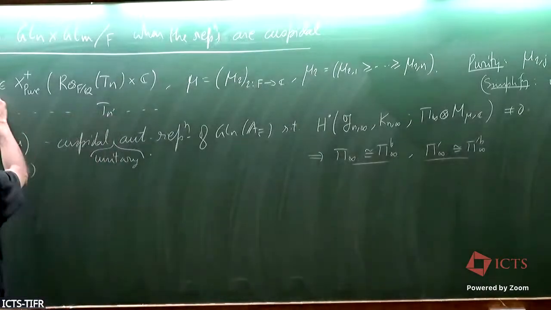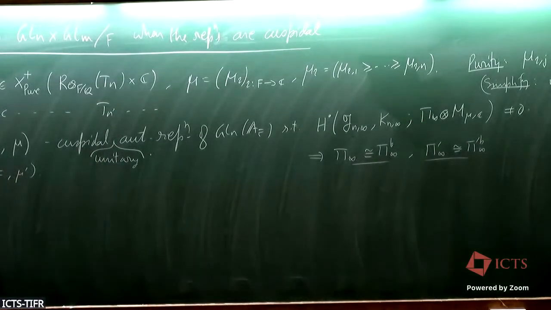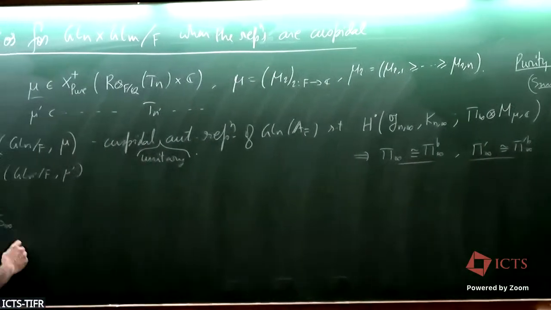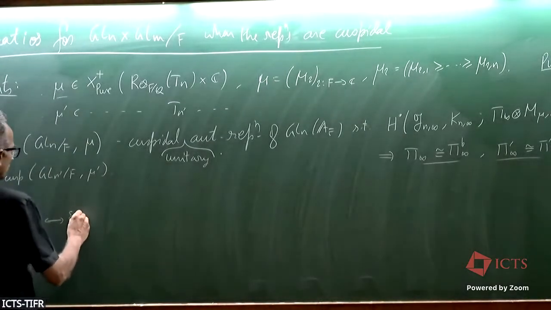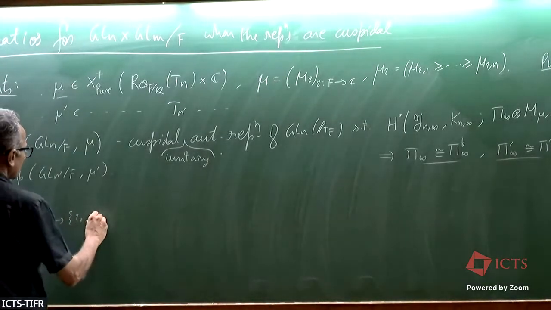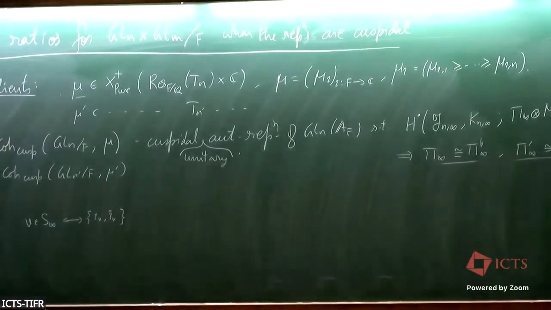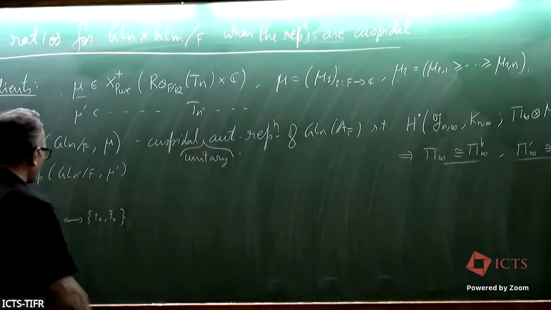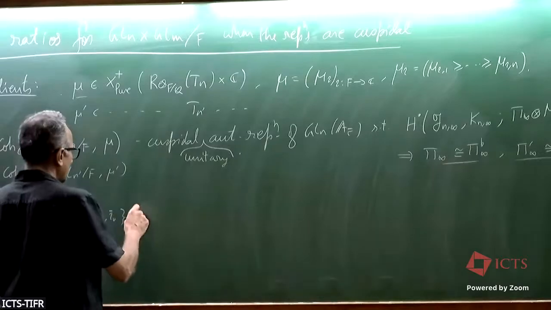So given mu, if I take any infinite place, this corresponds to a pair of conjugate embeddings, and you non-canonically fix one of them, call it iota, and the other is iota bar.